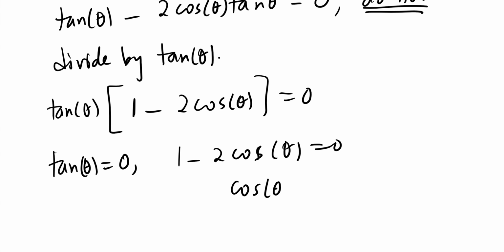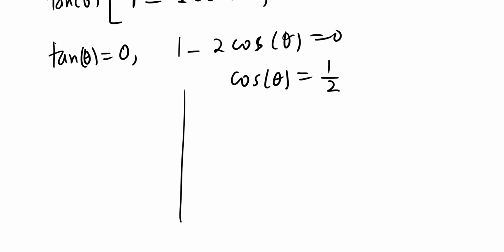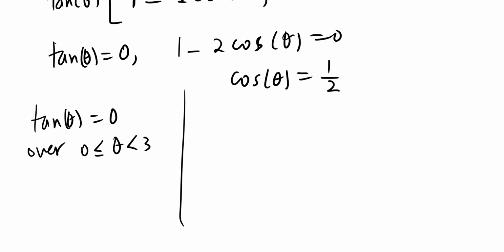Solving for cosine theta here should be easy for everyone. For the first equation, tangent theta equals 0, what are the values of theta? Let's say we are working from 0 to 2 pi, so 0 to 360. Which angle has tangent 0?